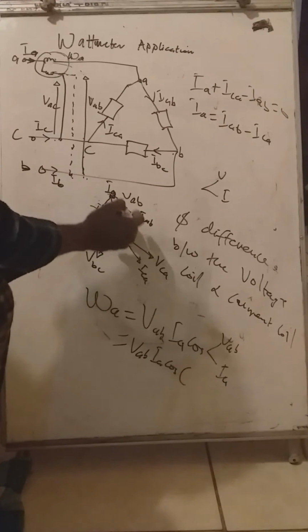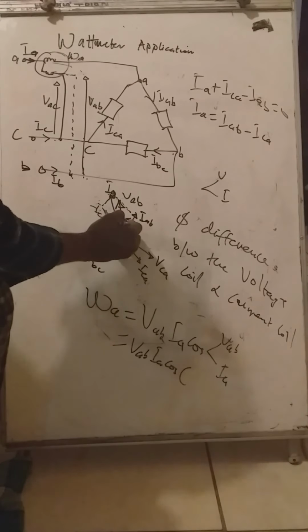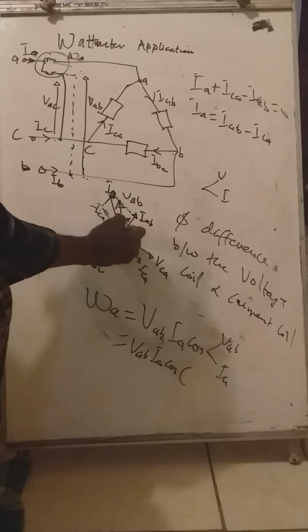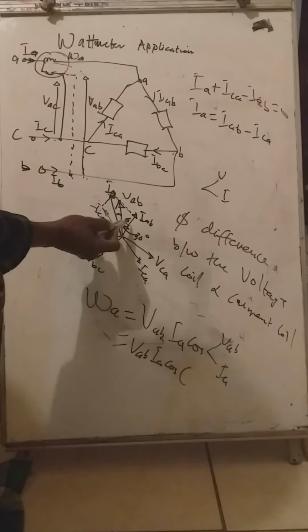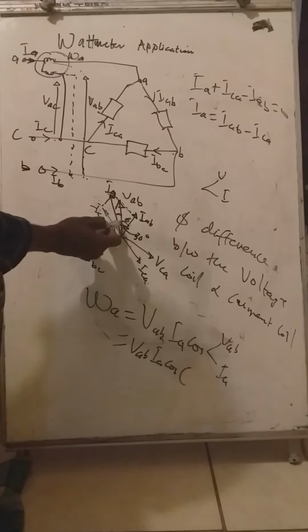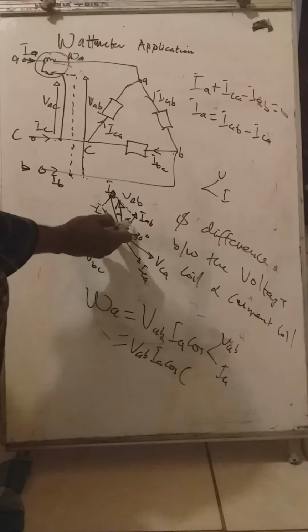So if from here to here is 30 degrees, and here to here is phi, then invariably it tells you that here to here is 30 degrees minus phi.